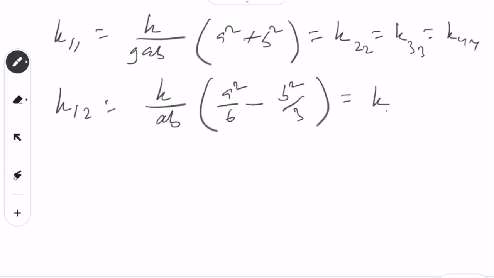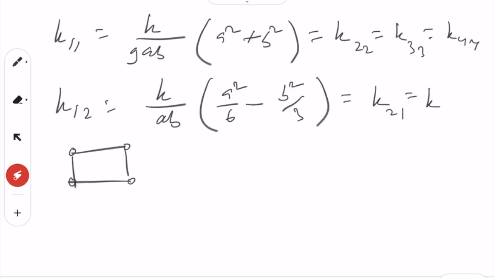So if you see here, it is a rectangle with nodes 1 2 3 4, so k12 k21 is equal to k43 k34, so k34 equal to k43 because of symmetry.